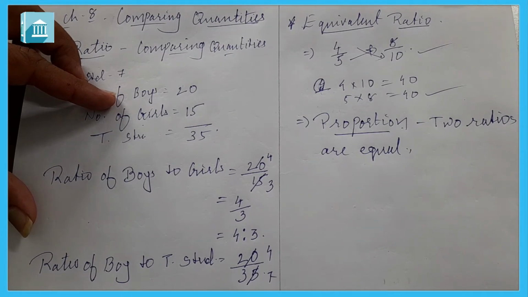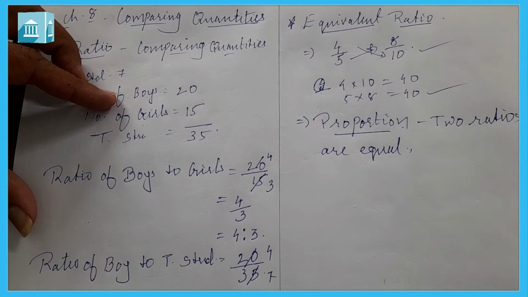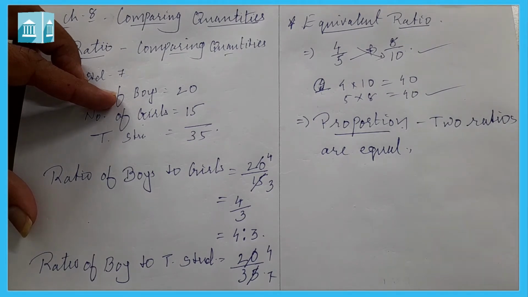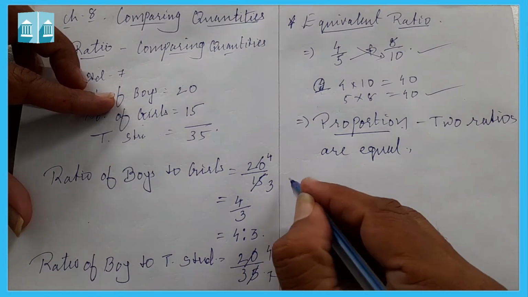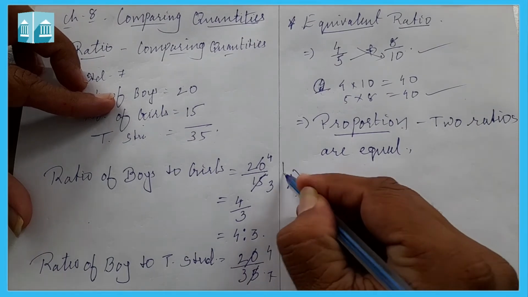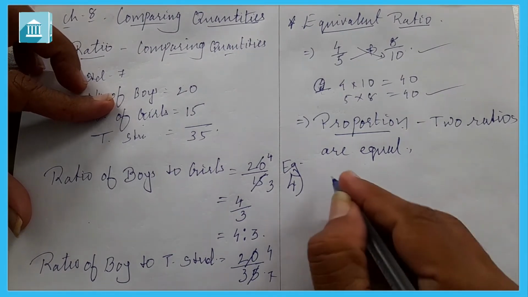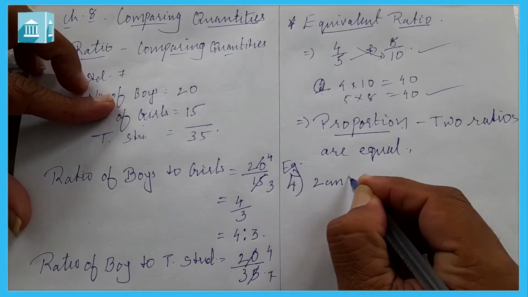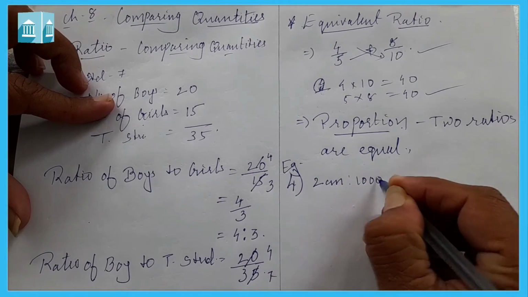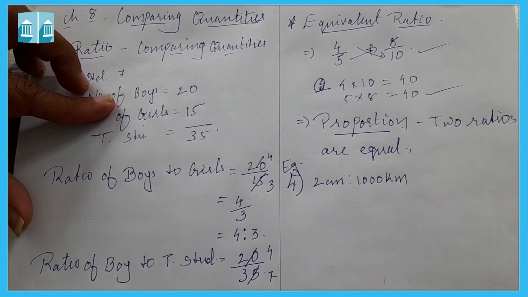Now let us do one example of how we can use the proportion. For example, in your textbook, example 4 is given: the map is given with a scale of 2 centimeter is equal to 1000 kilometer.